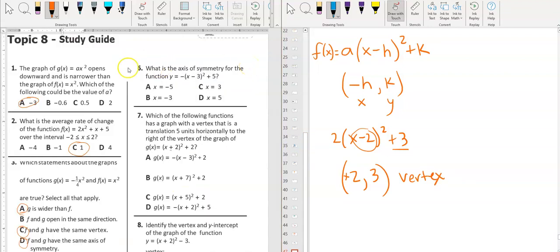Okay, another question that has to do with vertex form is to find the axis of symmetry for the function. Well, you should know that x is the axis of symmetry and the x value of our vertex.